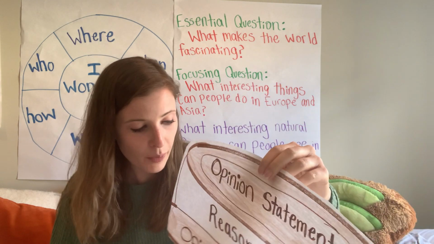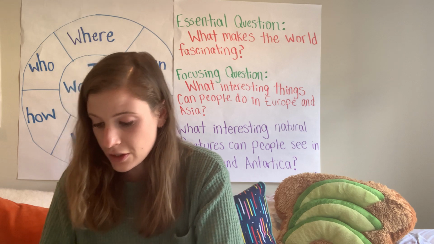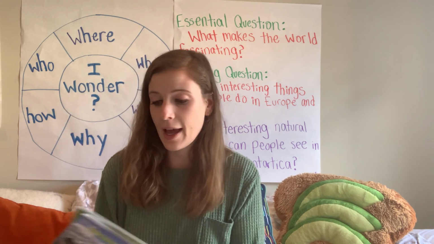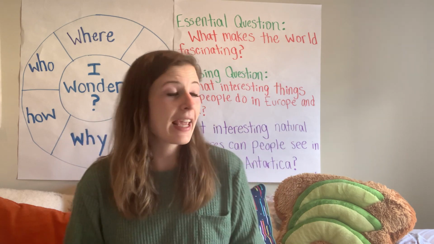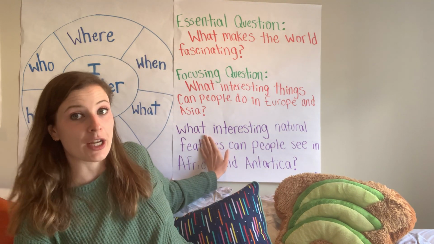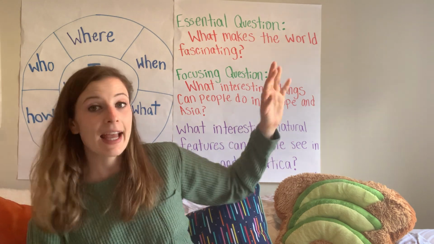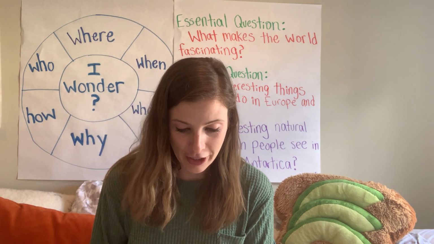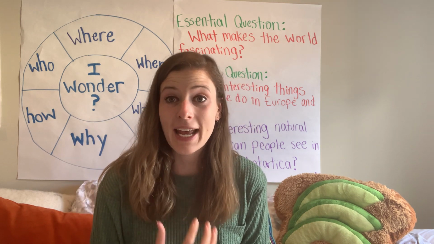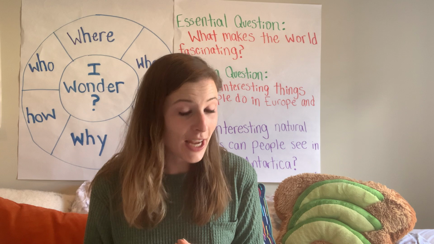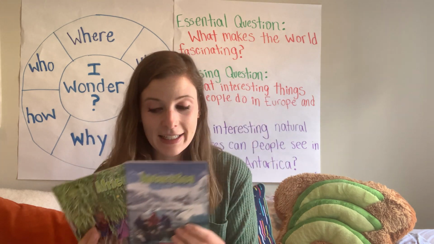All right, so we're going to do a little bit of practicing. So we read about Antarctica and about Africa this week, and our focusing question said, what interesting natural features can people see in Africa and Antarctica? So we can gather evidence from the text, and we did that the other day, about the natural features in Africa and Antarctica.